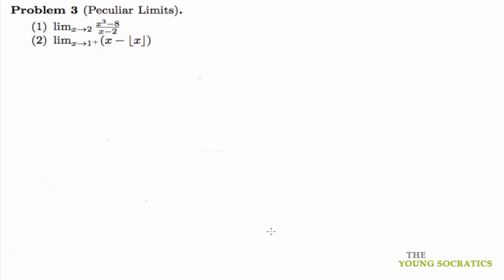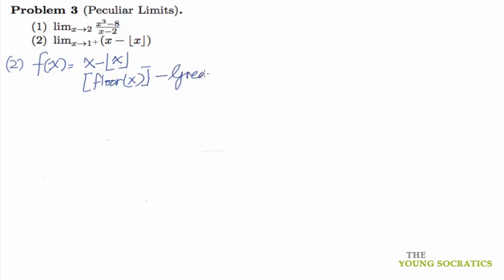Now we do the second problem, and let's call f(x) to be x minus floor of x. This is called floor of x, which means the greatest integer which is less than or equal to x.